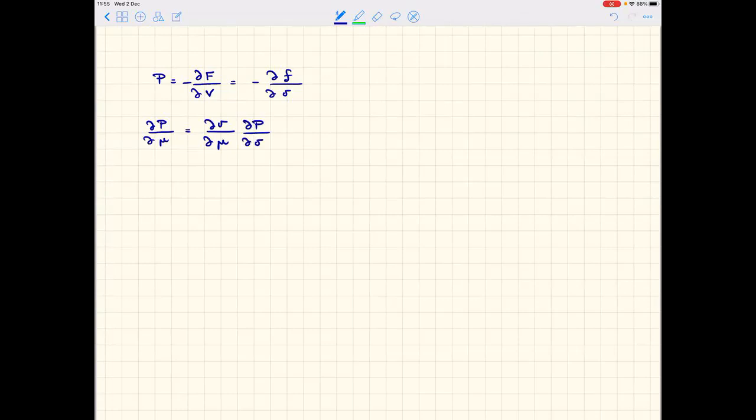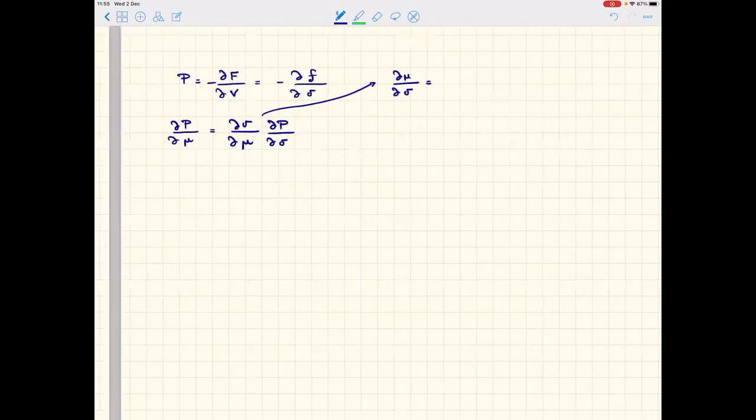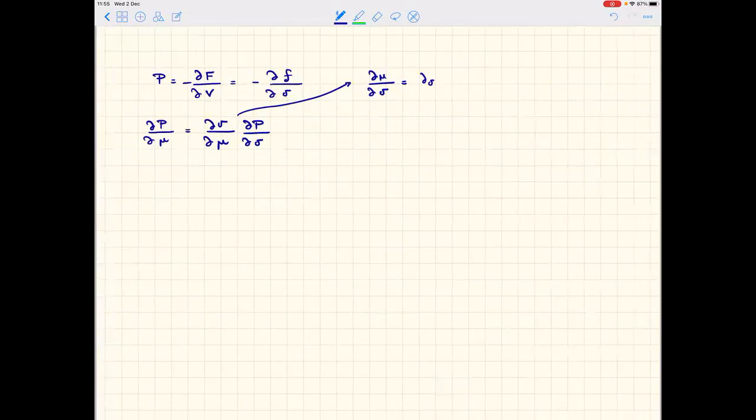But now dV d mu I know how to calculate, because if I take d mu dV, look at this expression here. D mu dV is dV f minus dV f minus v d squared V f.